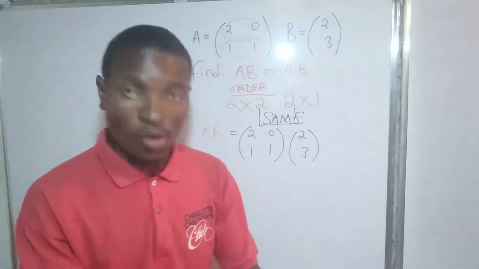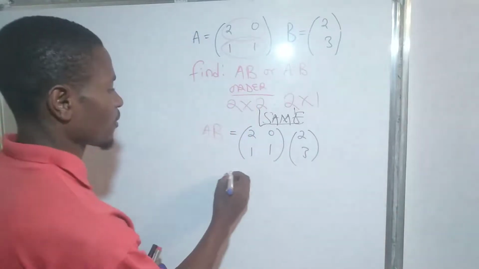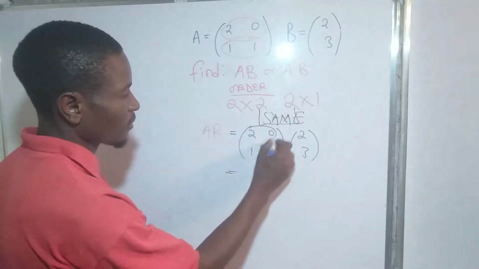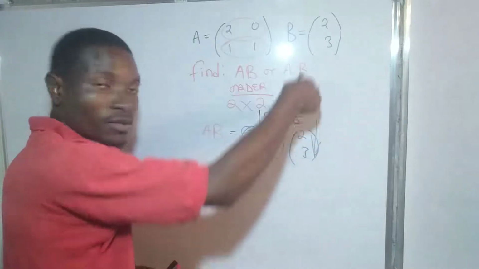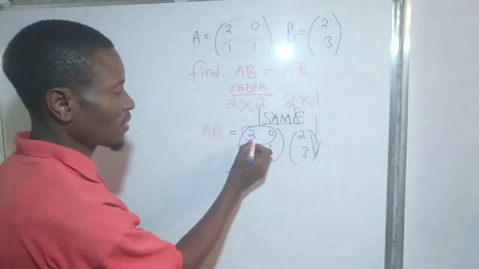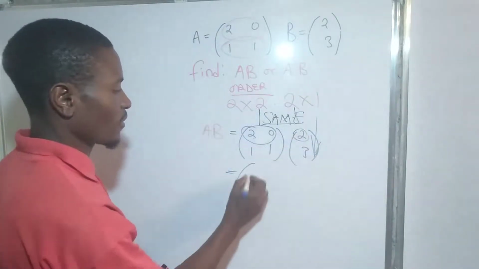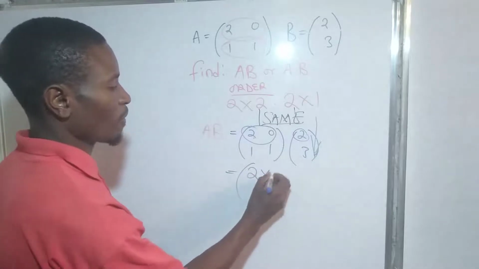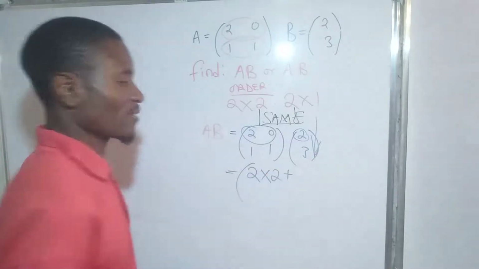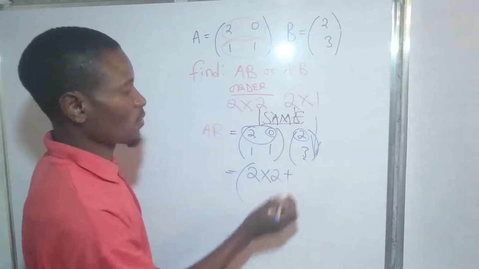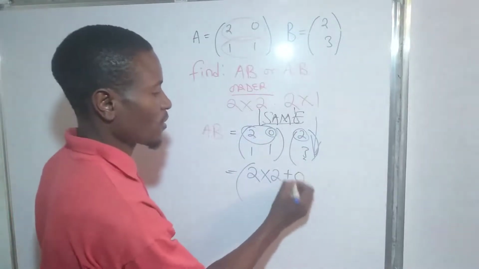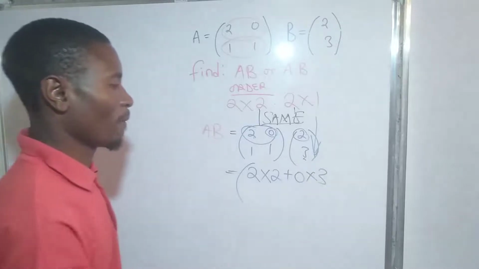Row into column, row into column. So this is going to be this into this, row into column. So this times this, it's 2 times 2, and then plus this one times this one, so 0 times 3.